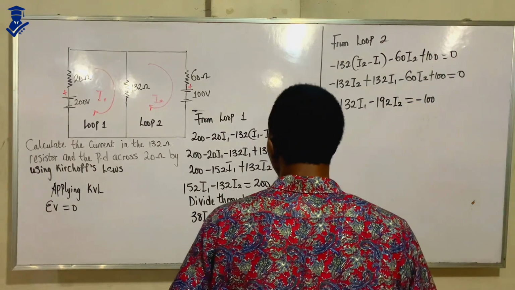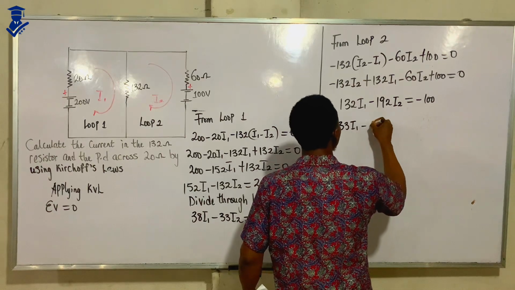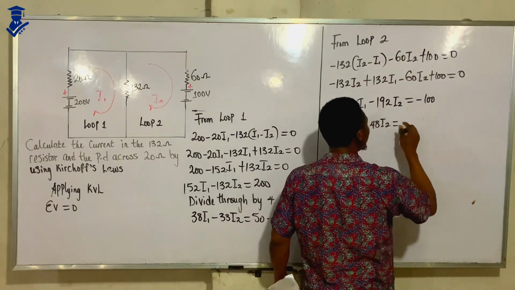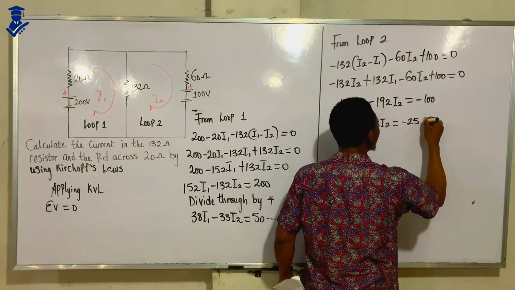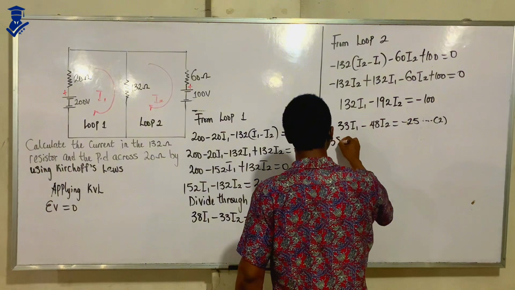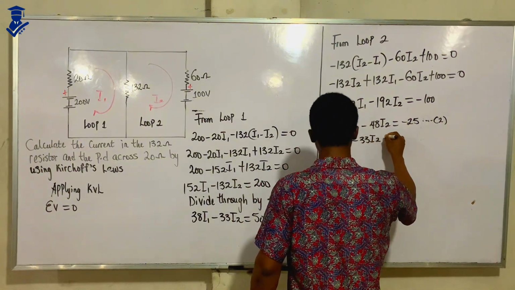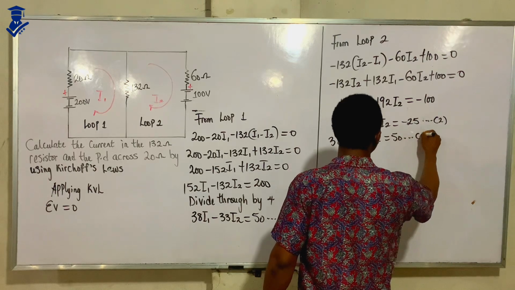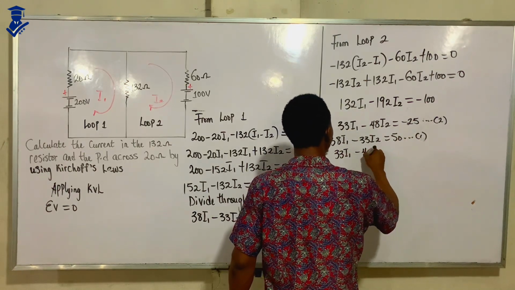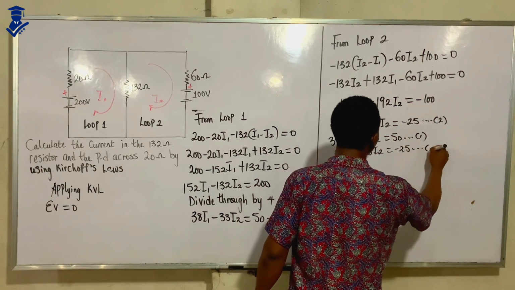So this becomes 33 I1 minus 48 I2 is equal to 100 divided by 4, which gives us minus 25. So this is equation 2. Therefore you have 38 I1 minus 33 I2 equals 50, equation 1, and then you have 33 I1 minus 48 I2 is equal to minus 25, which is equation 2.